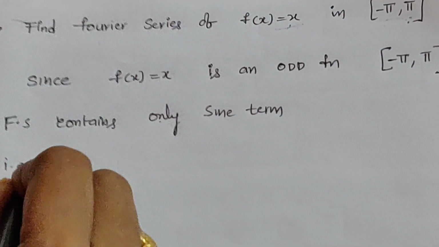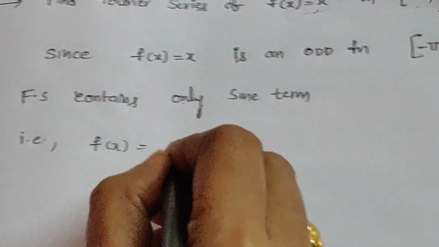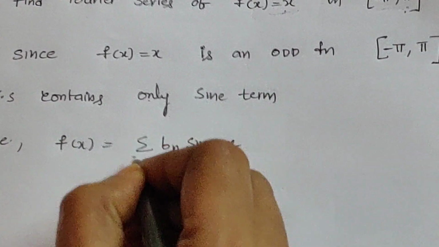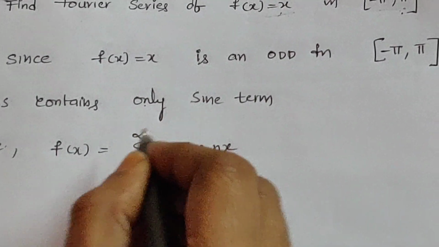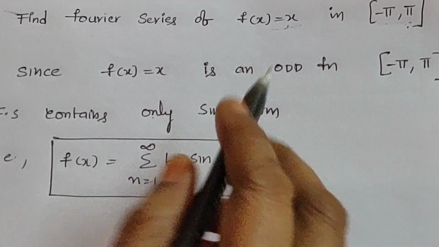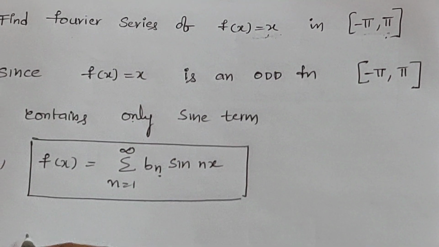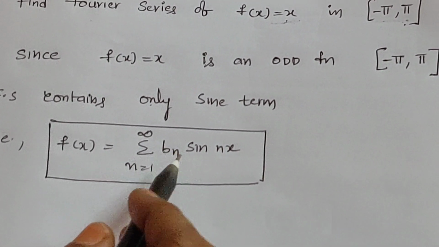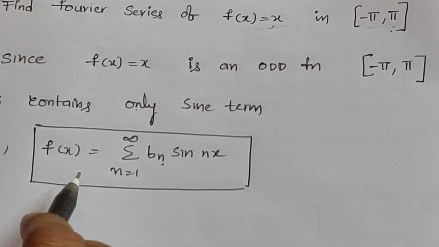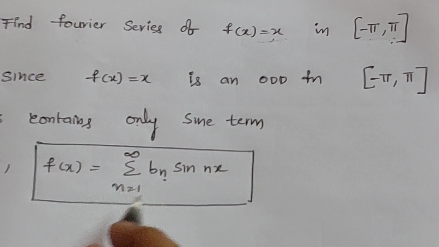That is, Fourier series of f of x equal to sigma bn sin nx, n equal to 1 to infinity. This is the required Fourier series to the given function. So it's enough if we calculate bn. If you try to calculate a0 and an, you will get zeros only. So no need to determine.